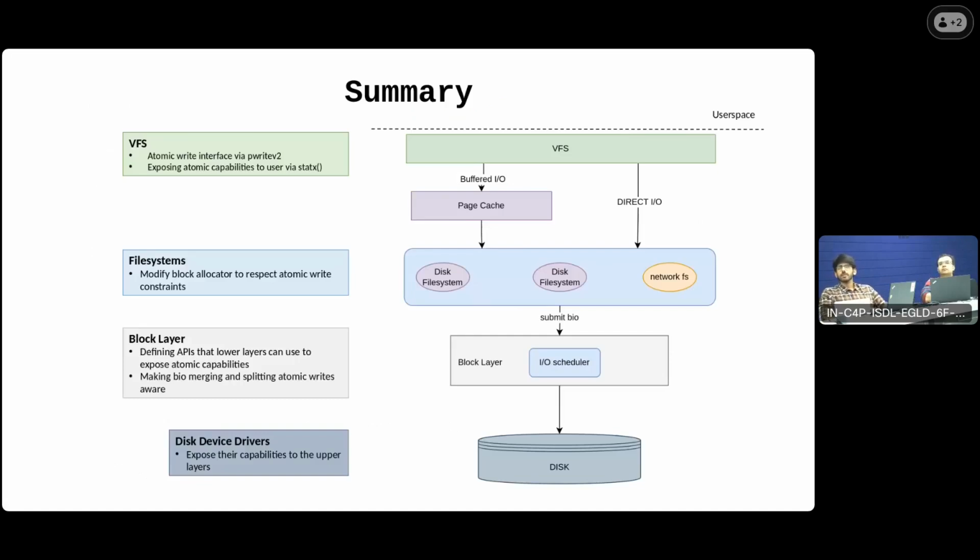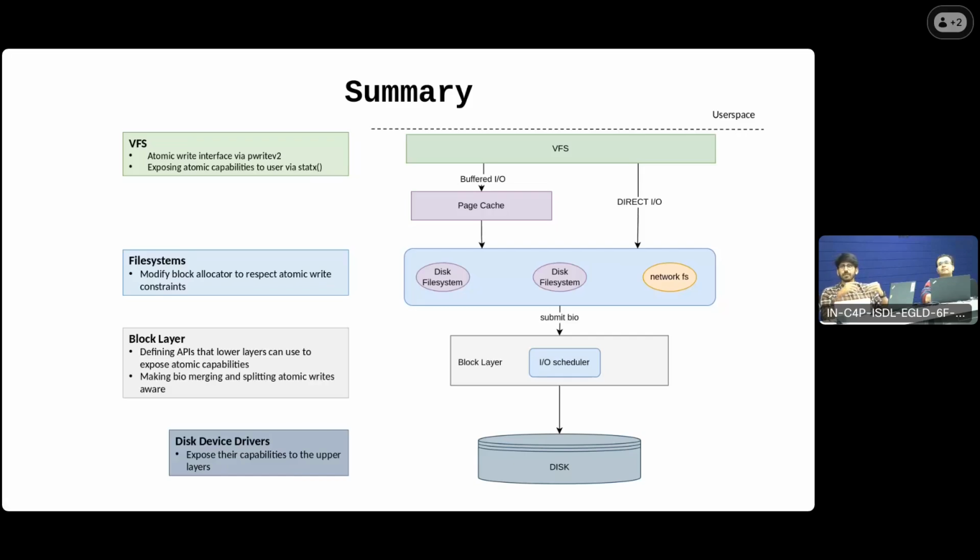Now to summarize everything, to give you an idea of what it took to just get atomic writes working in the kernel IO stack, we have the summary slide here. You can see on the VFS side, we had to come up with an interface. The community decided pwritev2 was good for this, and then how do we expose the capabilities of the device to the user?